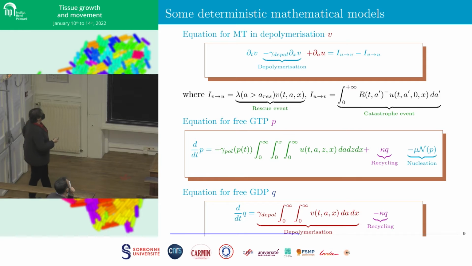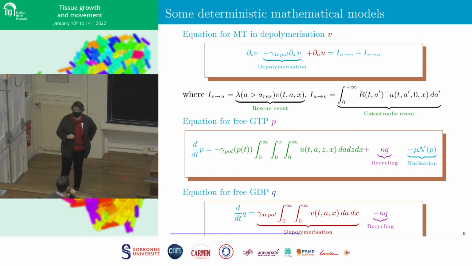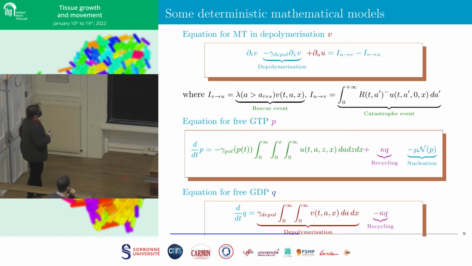The depolymerization is modeled thanks to a transport term too. So we say that the microtubule is able to depolymerize at a constant speed. And in the right-hand side of the equation for V, you see the appearance of two terms corresponding to a rescue event and a catastrophe event.